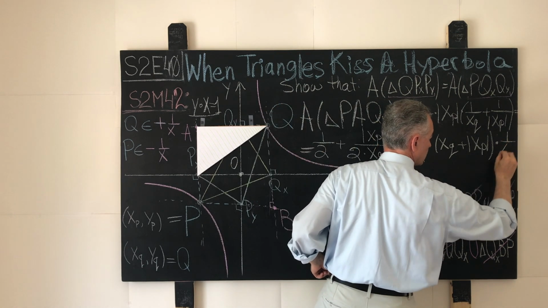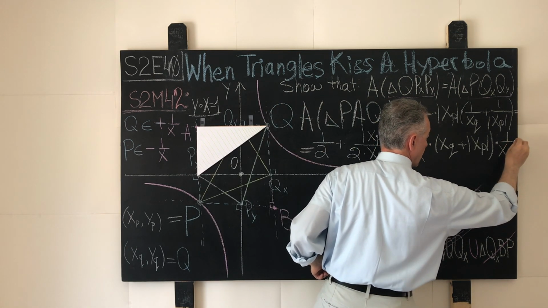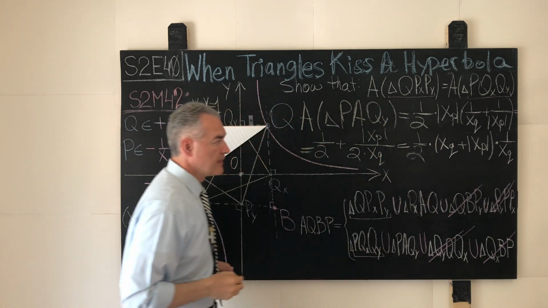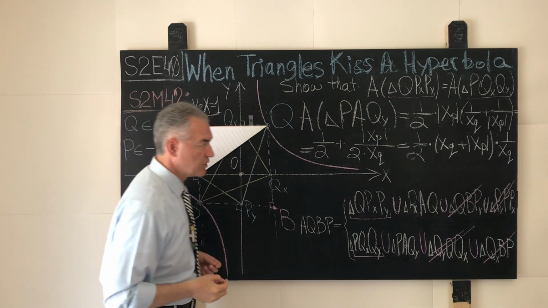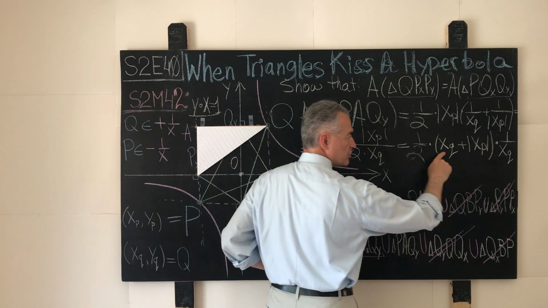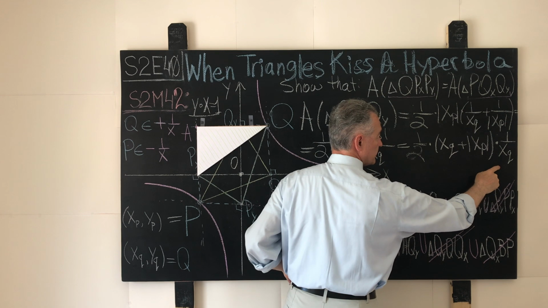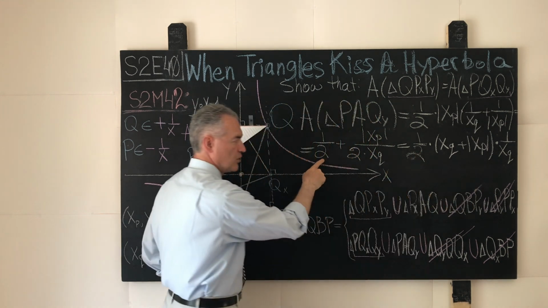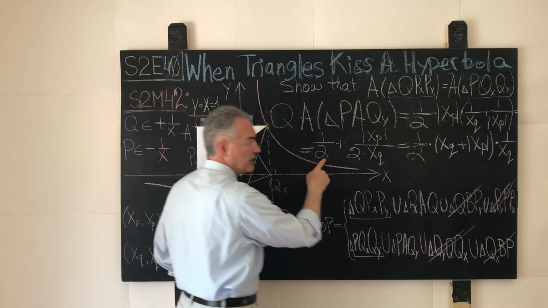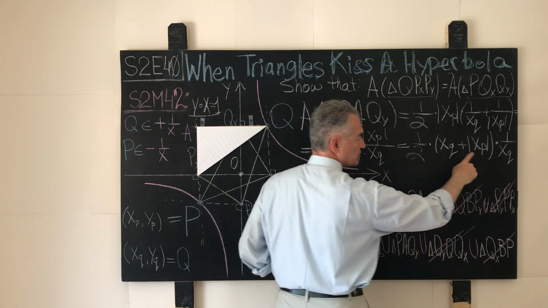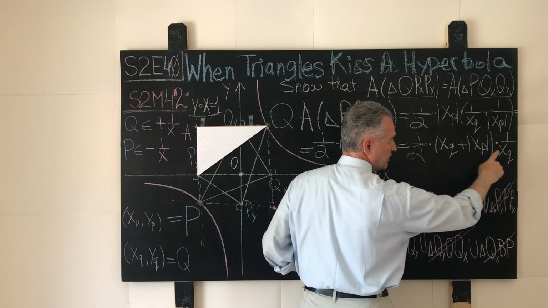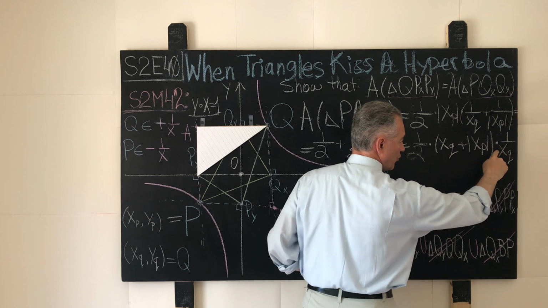1 over XQ. And now if we open up the parentheses, what will we have? XQ in the numerator, XQ in the denominator cancel each other out. And what do we have left? 1/2, this is the 1/2 shown over here, and 1/2 times the absolute value of XP times 1 over XQ.